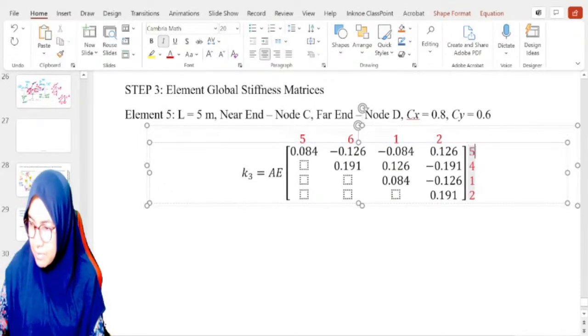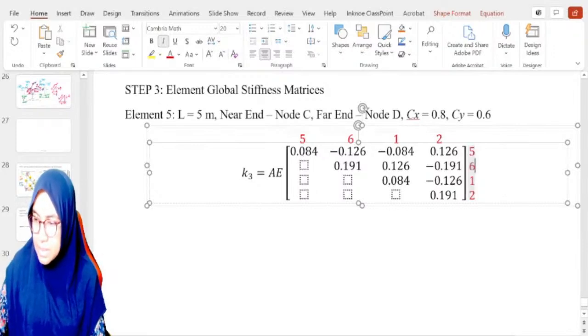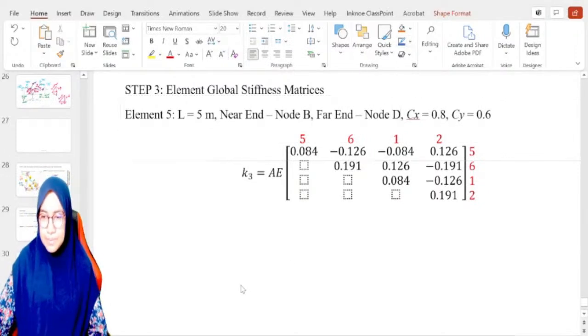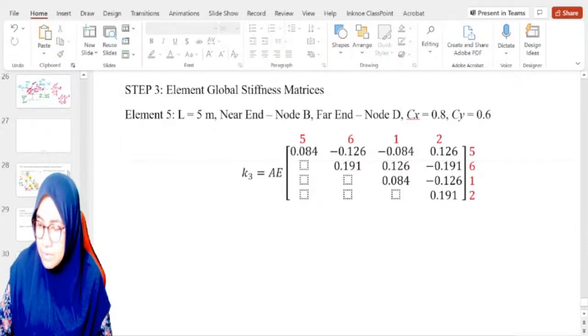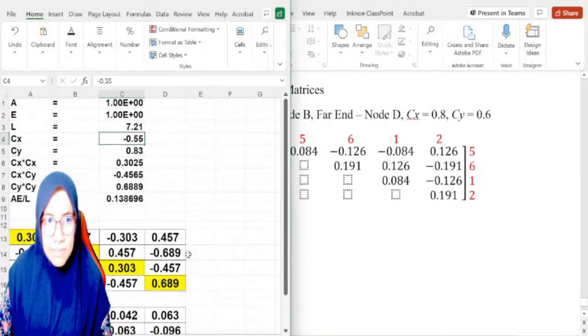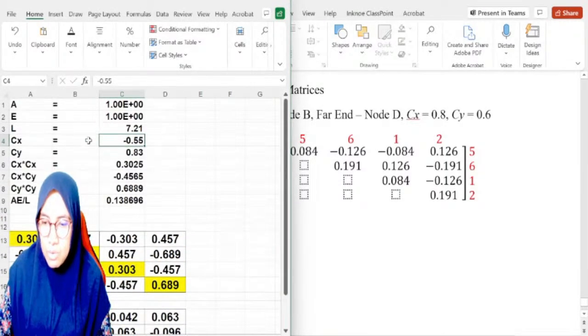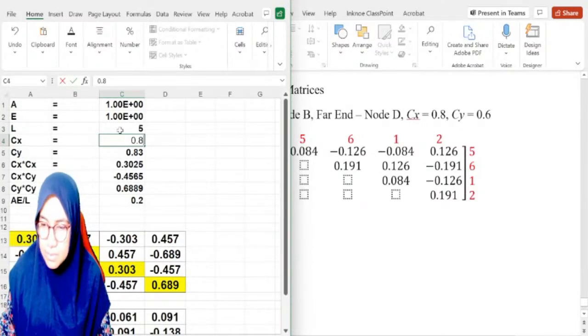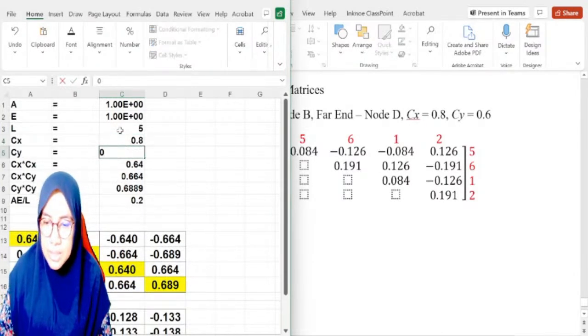B to D, 5612. And the value is, length is 5, Cx is 0.8 and Cy is 0.6.